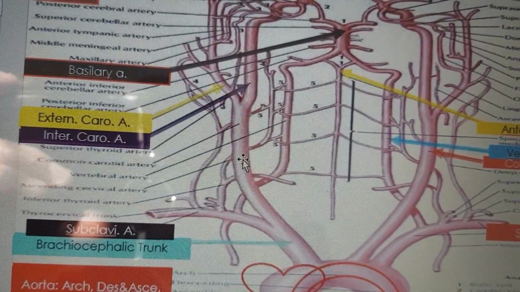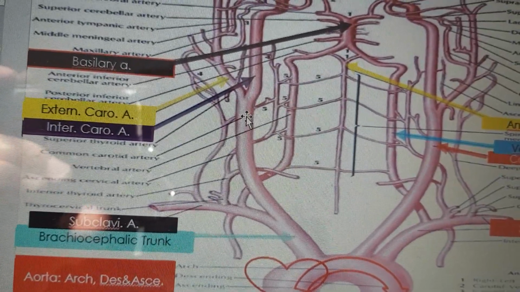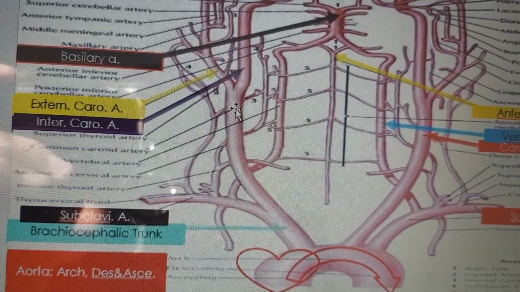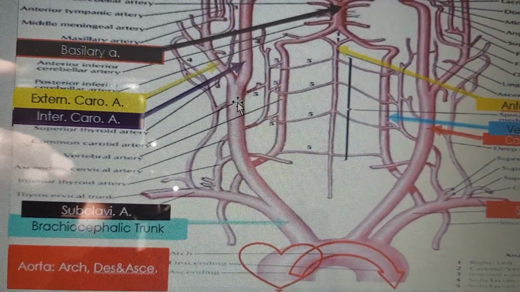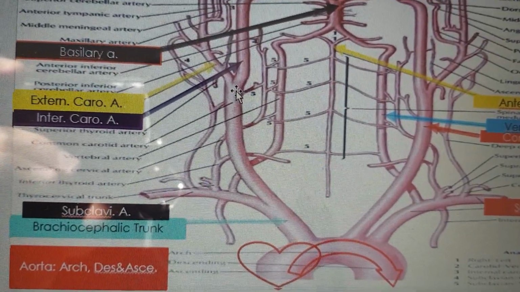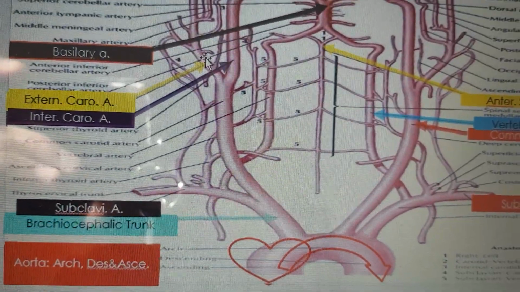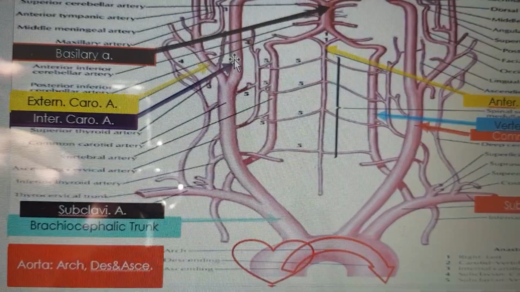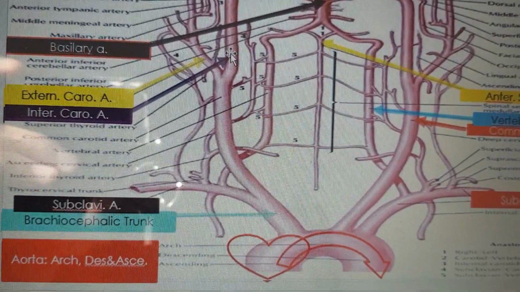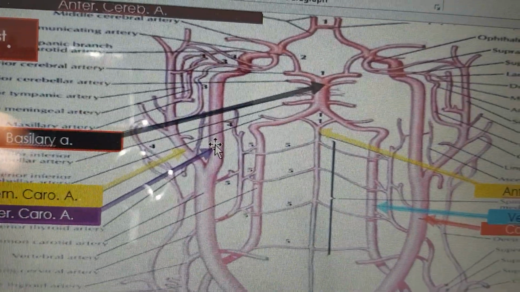The other artery, which is the common carotid artery, of course it is lying in the neck. It is part of the structures which are lying in the carotid sheath. It divides into external and internal branches, which are the carotid arteries, external carotid artery and the internal carotid artery.